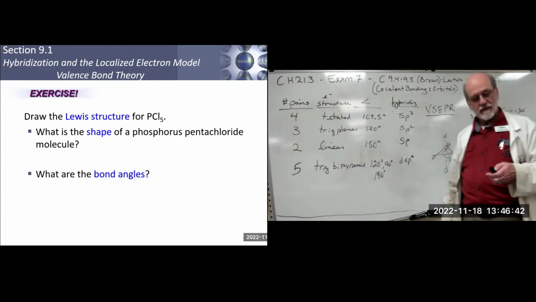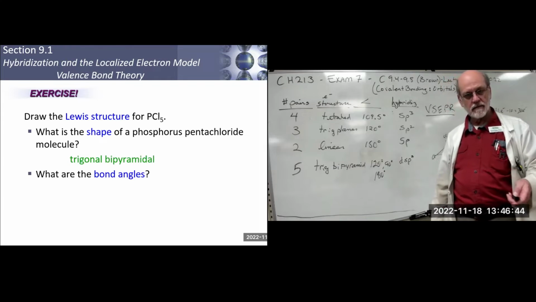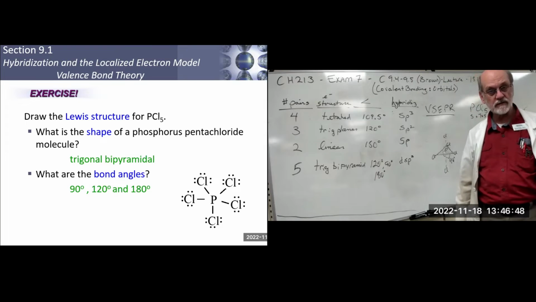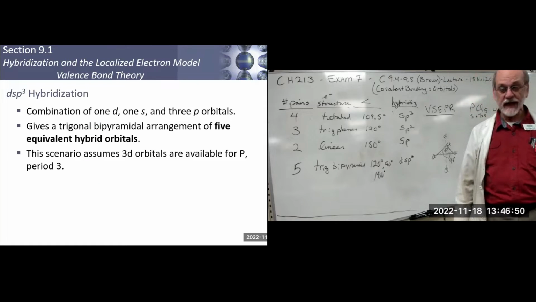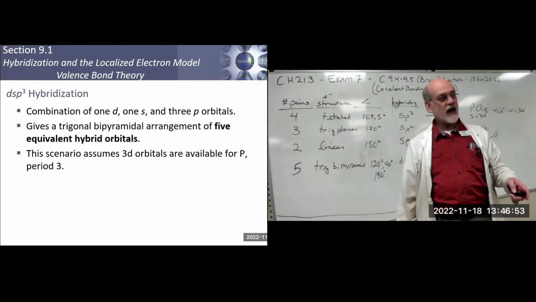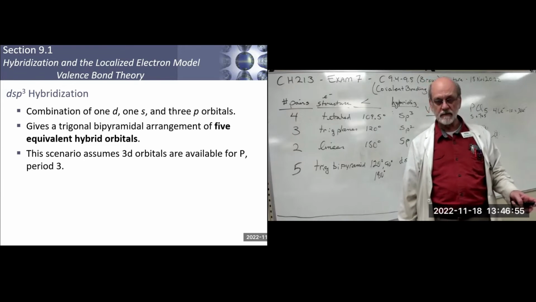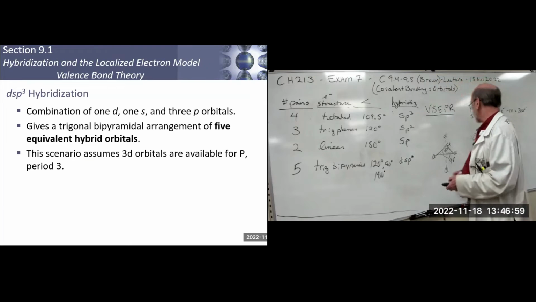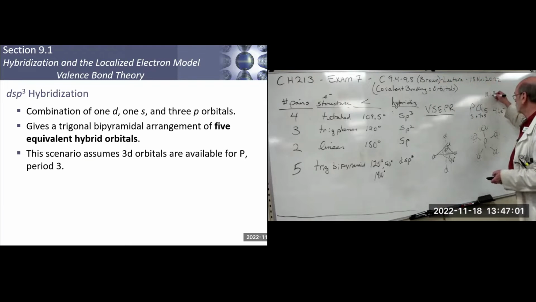Now, can we get away with that? Is that permissible? Well, yeah, because phosphorus is in the 3rd period. Remember, n equals 3, which means we have l equal to 0, 1, and 2: s, p, and d.